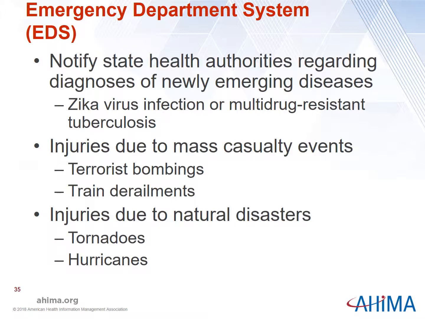There is a need to notify state health authorities regarding diagnoses of newly emerging diseases, such as Zika virus infection or multi-drug resistant tuberculosis, or injuries due to mass casualty events such as terrorist bombings or train derailments, and injuries due to natural disasters such as tornadoes and hurricanes.